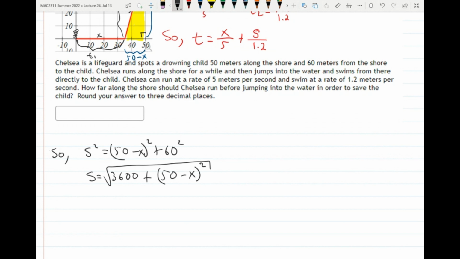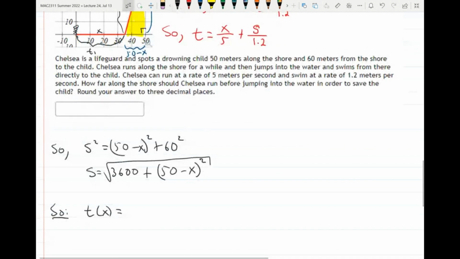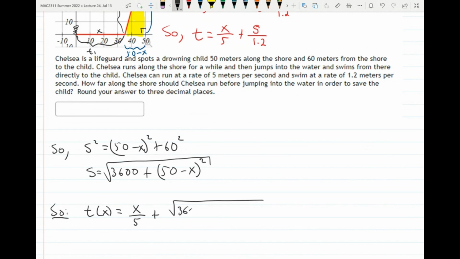So we take the positive square root. Now we can improve our time function. It will be a function of x only, and it's going to be x over 5 plus, now s is the square root of 3600 plus (50 minus x) squared, over 1.2.